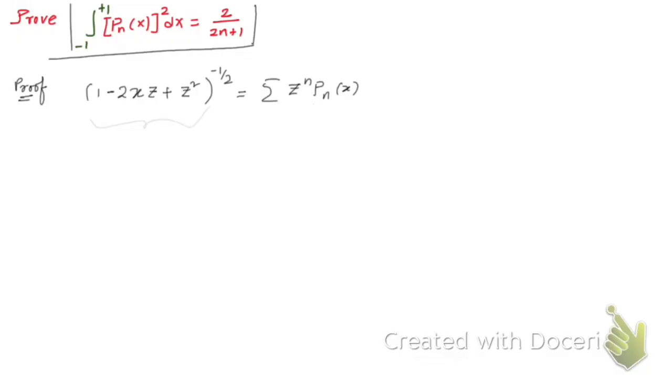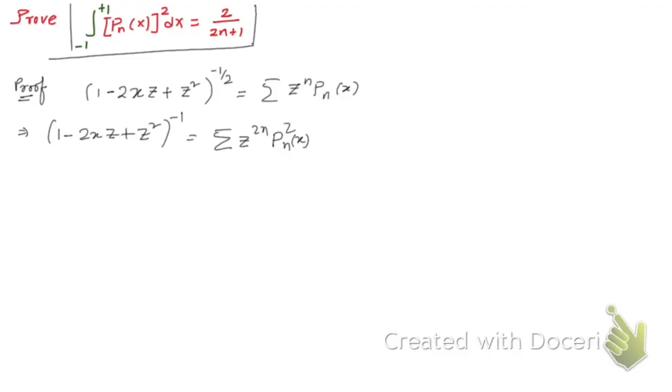Now if we square both sides, then on the left hand side we are going to have (1 minus twice xz plus z square) to the power minus 1. On the right hand side, if you square this, you simply can't write only the summation of z to the power 2n Pn of x square. You just can't write this.